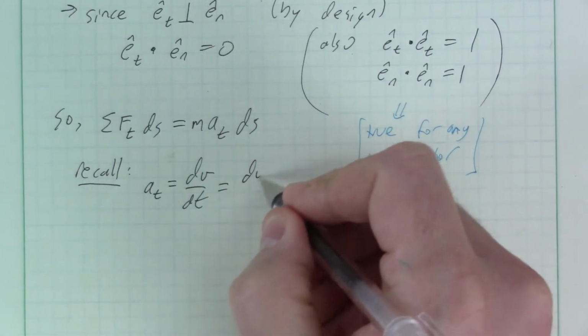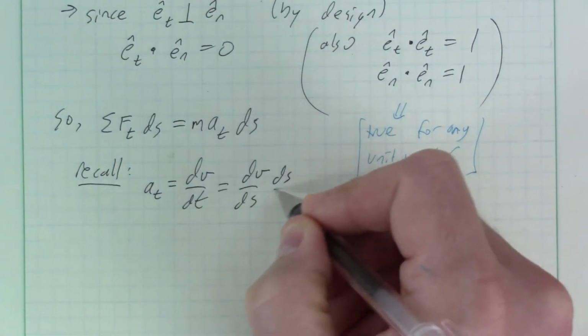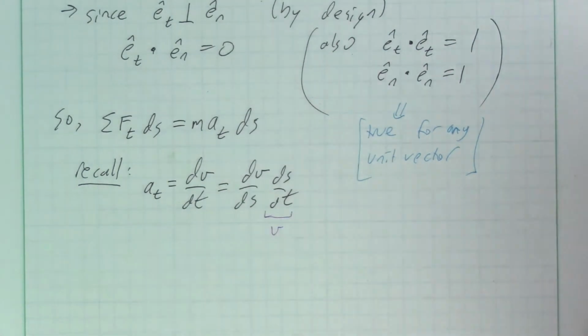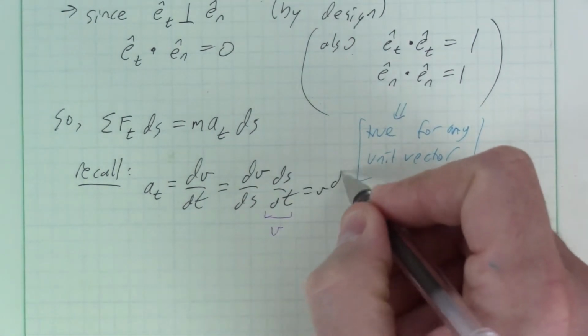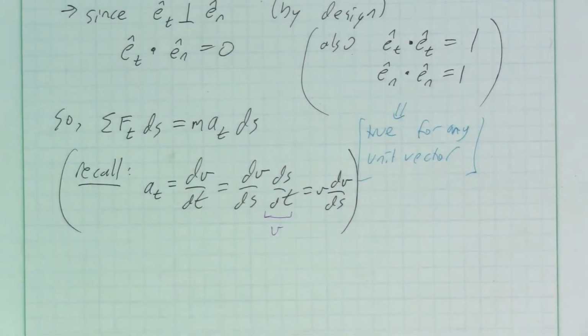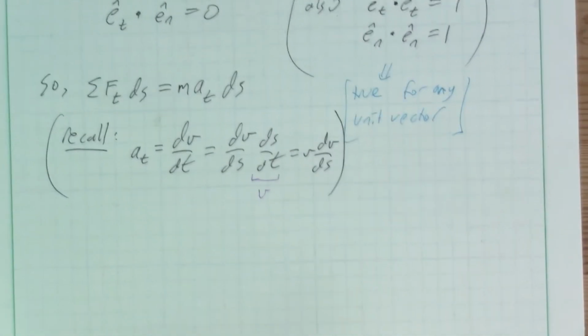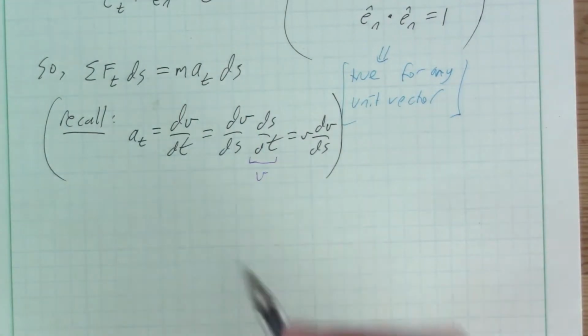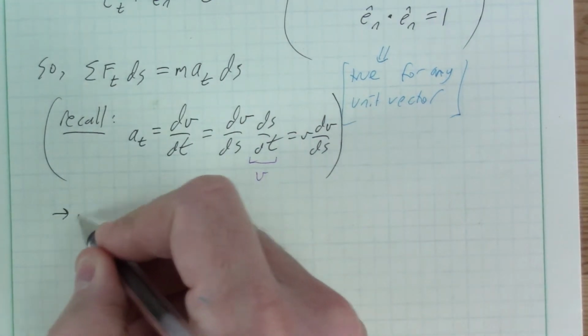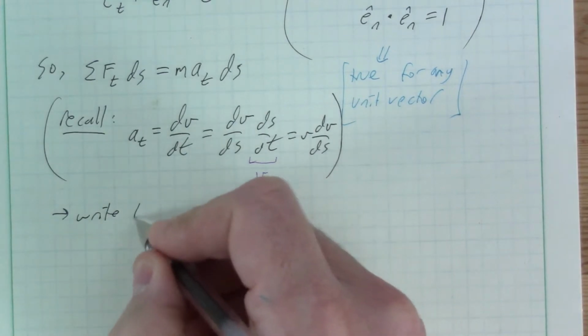Then we do the chain rule trick, dv/ds times ds/dt, recognize that ds/dt is just velocity, and we have v dv/ds. That should look familiar. We've done that a number of times. So we're going to take that and apply it here. That'll go into there, and we will write the left-hand side in its original form just to have it more general.